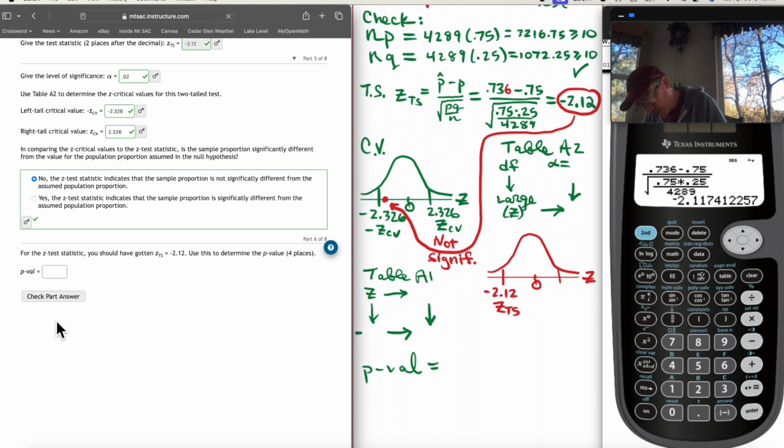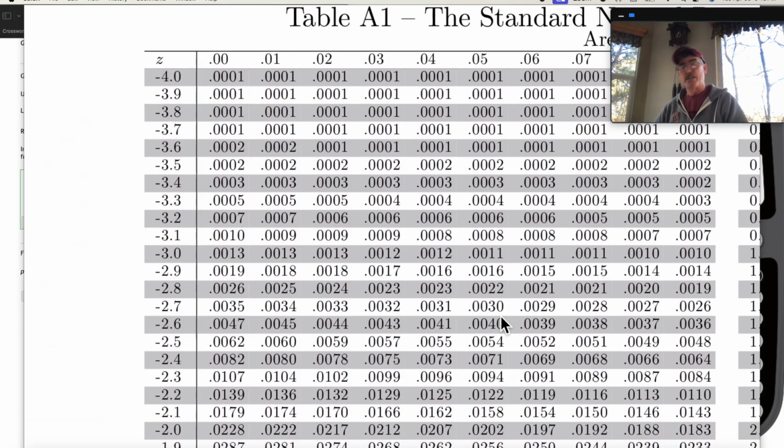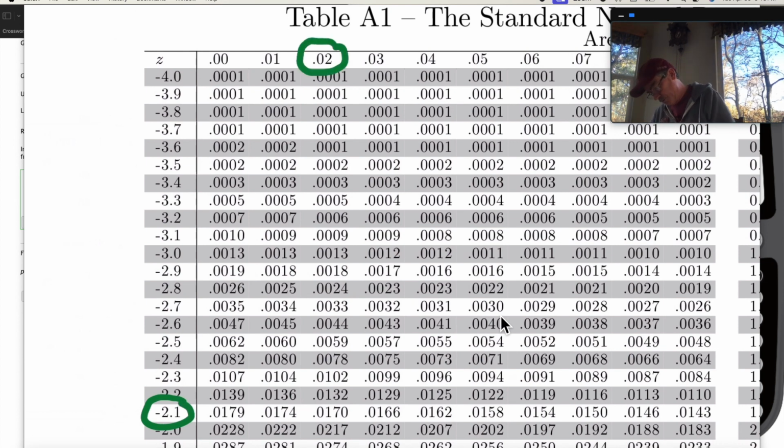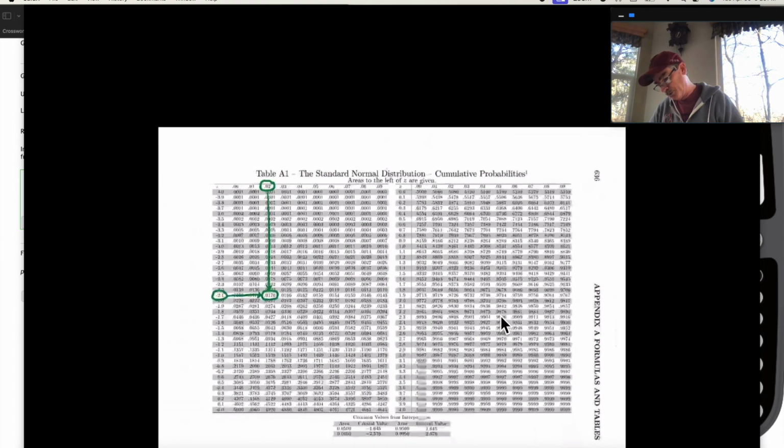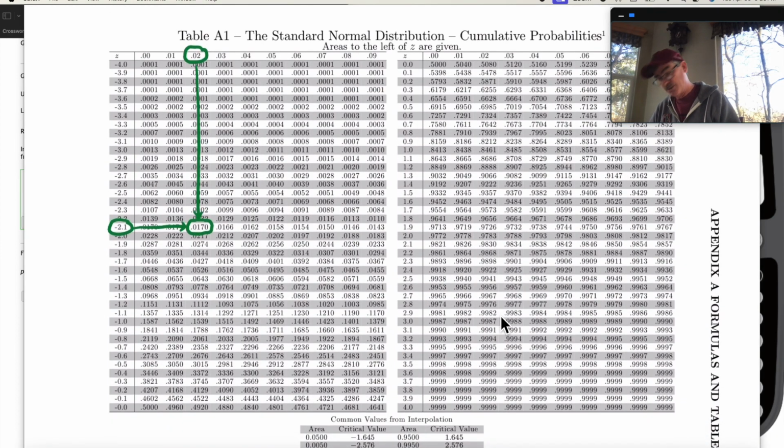I'm going to go down to negative 2.1 and over to 0.02 here on table A1. Okay, so we're going down to negative 2.1 and 0.02. So you can see here that the area to the left is 0.0170. All right, so we'll go ahead and put that in our notes.